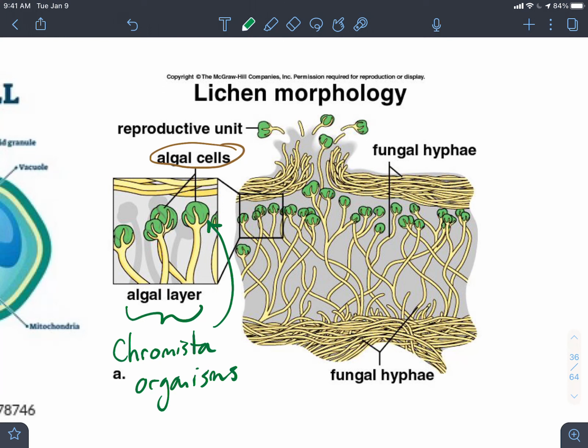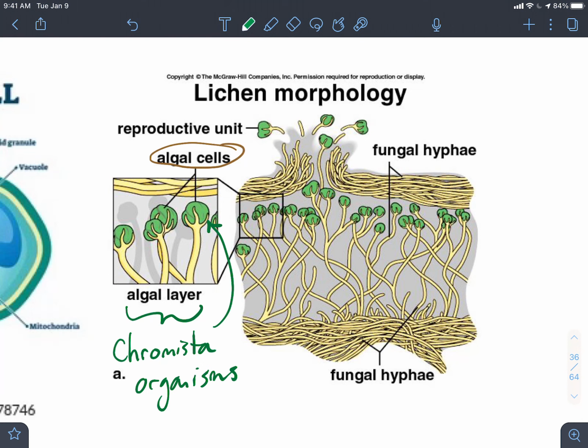So it actually has a separate kingdom living inside of it, and that's similar in so many ways to the endosymbiosis that we discussed in the last video. We have algae cells that can reproduce and then get picked up and protected by these fungal cells. And together they can work together to stay alive.